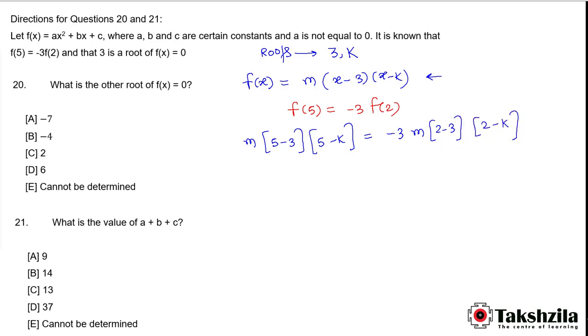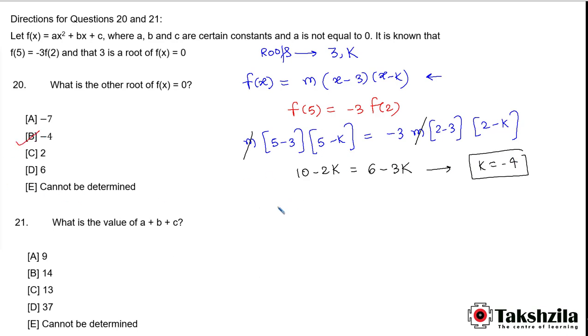So if you solve this further, this m and m will get cancelled out and we are left with 10 minus 2k is equal to, this is going to be how much? 3 2s are 6, 6 minus 3k. So if we solve this further, you will get k is equal to minus 4. So minus 4 is going to be the other root over here.